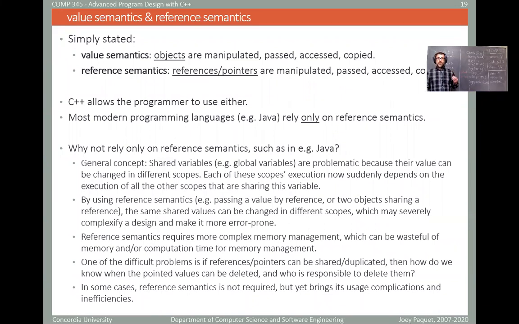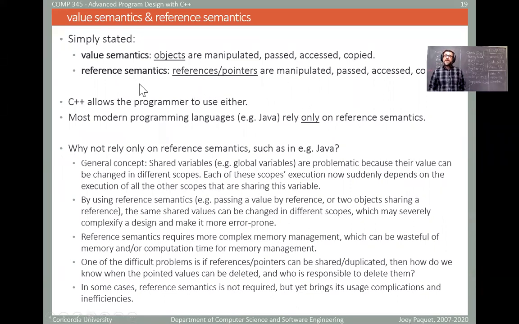You actually are copying the objects themselves. Whereas if you use reference semantics, you actually are passing references or pointers, you manipulate pointers, you access pointers, or you copy pointers, or references. So that's the difference between the two. And that's a very simplistic description.